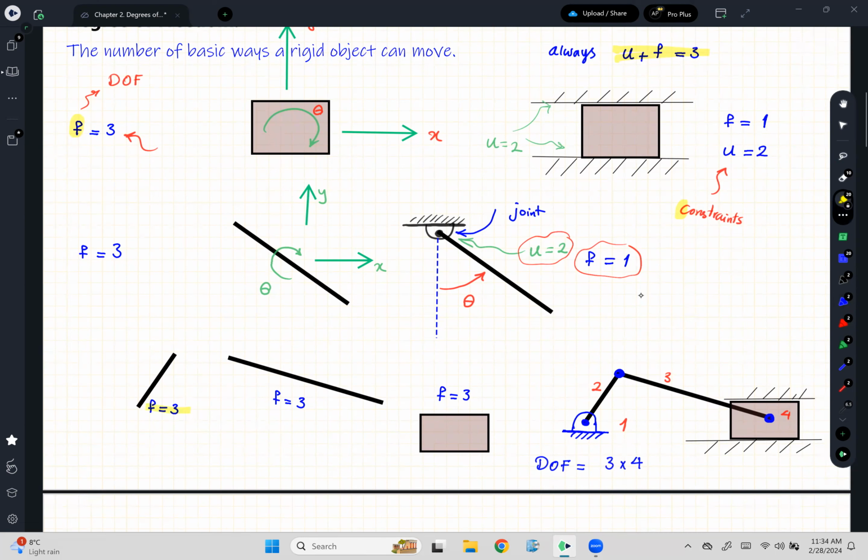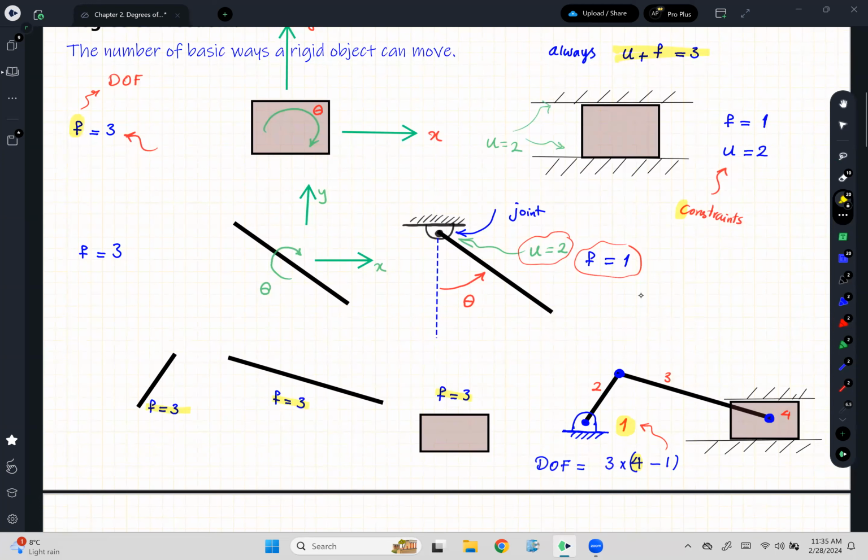This has 3 degrees of freedom, this has 3, it has 3. But wait, what about the ground? Ground doesn't have any degrees of freedom, right? So I subtract 1, meaning that we don't care about the ground. Total number of members minus 1, and each has 3 degrees of freedom.